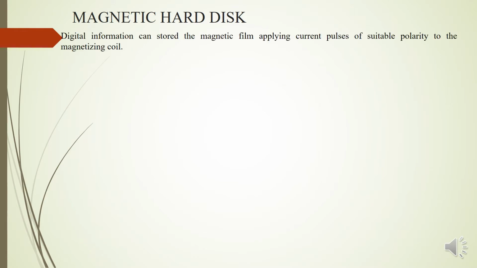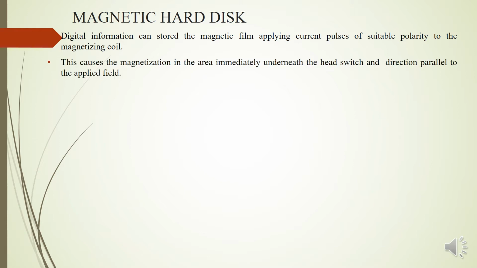In magnetic hard disk, digital information can be stored on the magnetic film by applying current pulses of suitable polarity to the magnetizing coil. This causes the magnetization in the area immediately underneath the head to switch, and it will be in the direction parallel to the applied field. The same head can be used for reading the stored information.